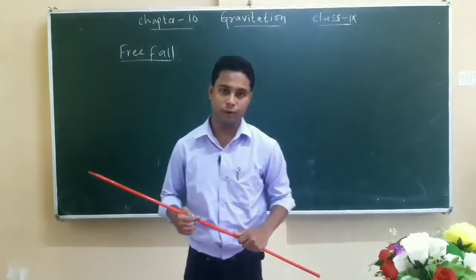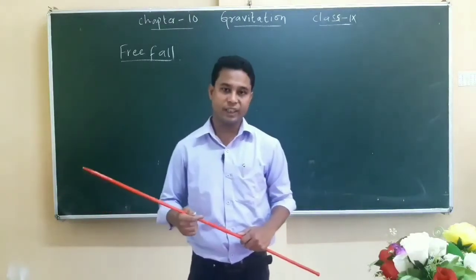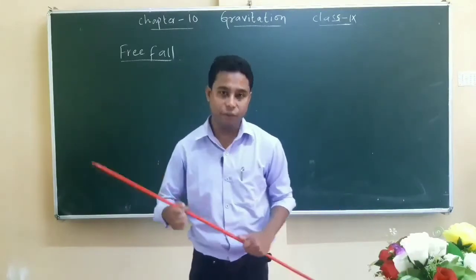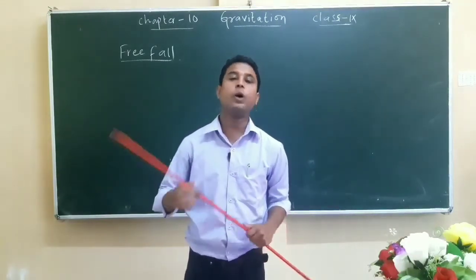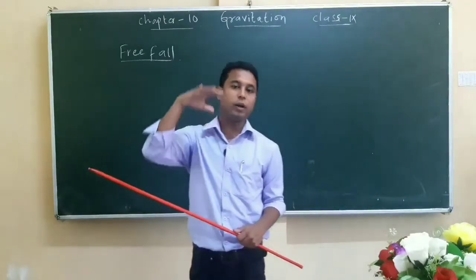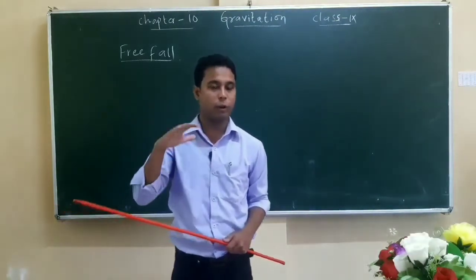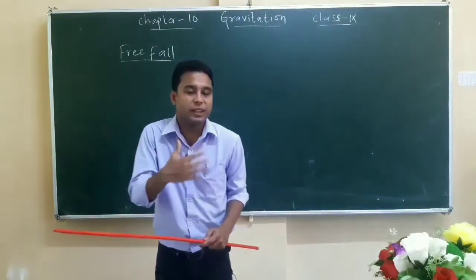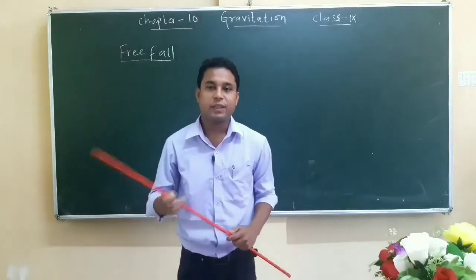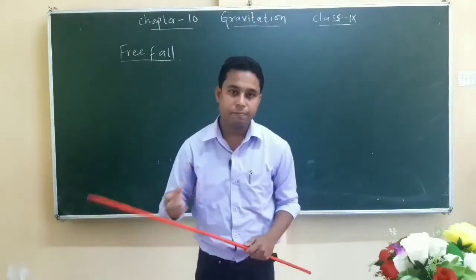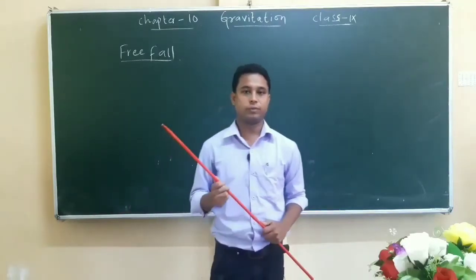So what is free fall? The falling of a body or an object towards the earth under the gravitational force with no other forces acting on it is called free fall. So it's only under the gravitational force. Whenever an object falls towards the earth, acceleration is involved.